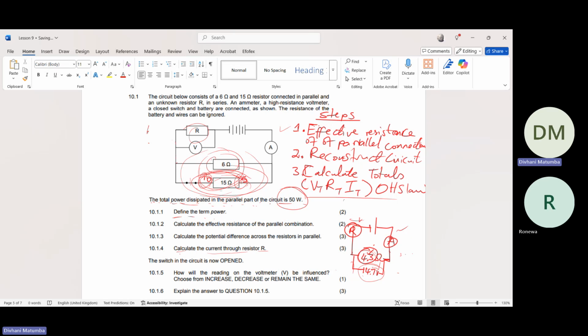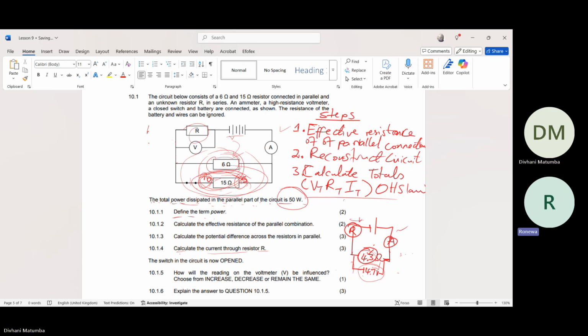the resistance increased, right, will the portion of the battery supply increase or decrease on this parallel connection?